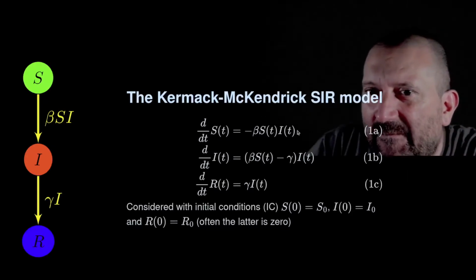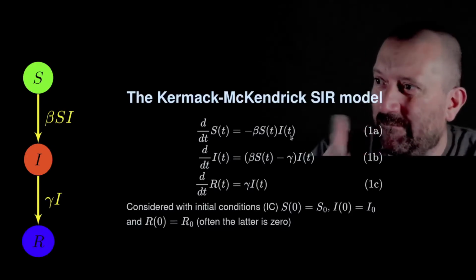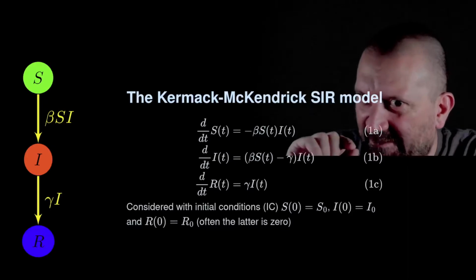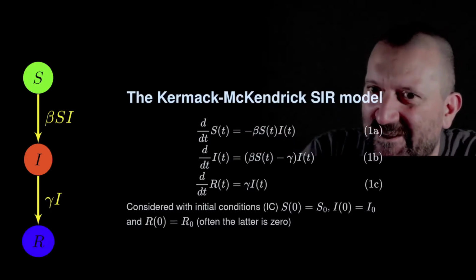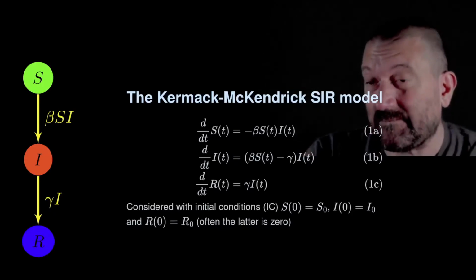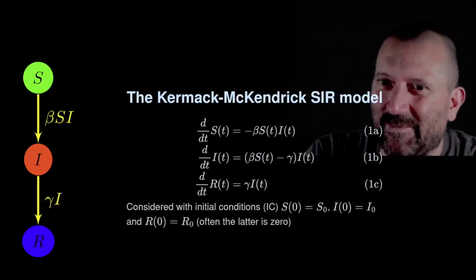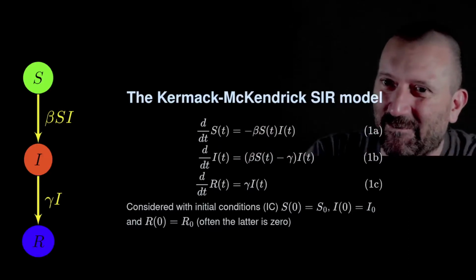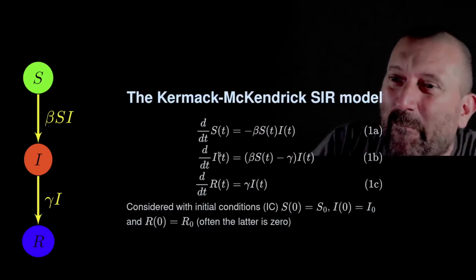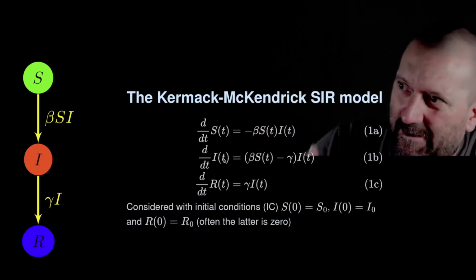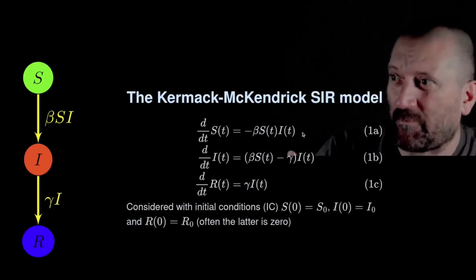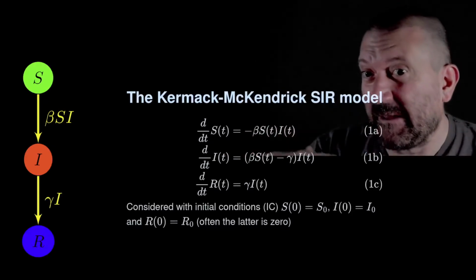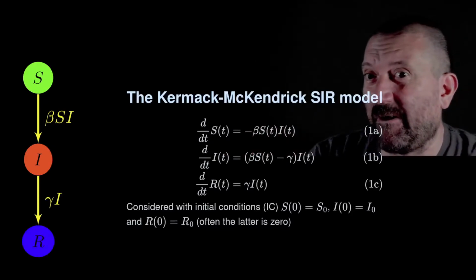Okay, and if so, that rate here, just in passing, this is the incidence rate. I mentioned in the first lecture that there was sometimes some mistaking different terms. So I of t is the prevalence of the disease at a given instant in time. And this rate here is the rate at which new infectious individuals are created.